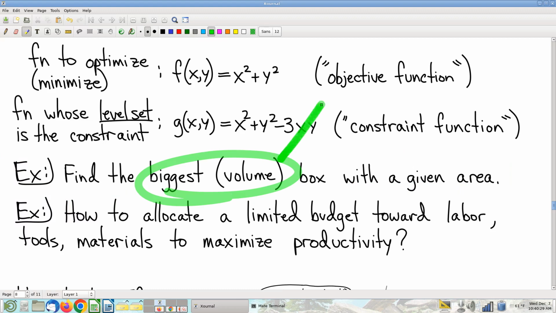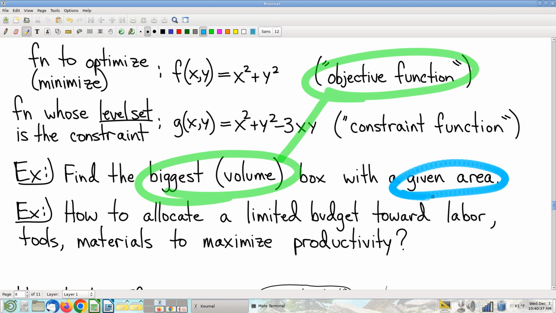Volume is what you're trying to make as big as possible, but you have a constraint, namely the area. So whatever box you're entertaining as being possibly your best box, that area has to be this given fixed amount. So constrained optimization problem. Did everybody see that?